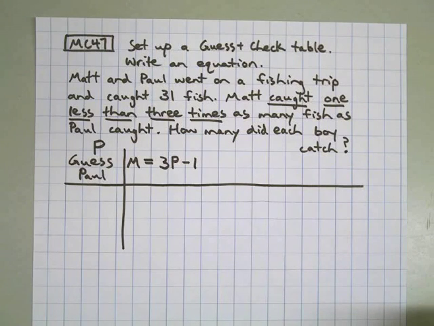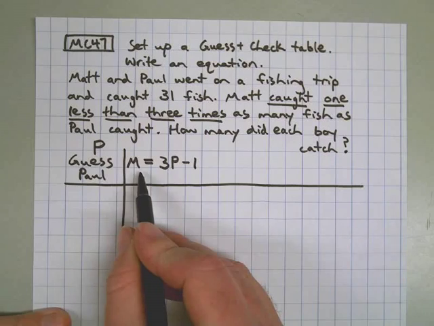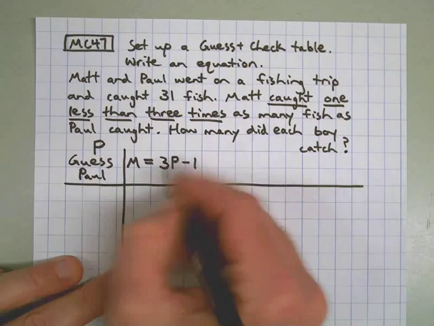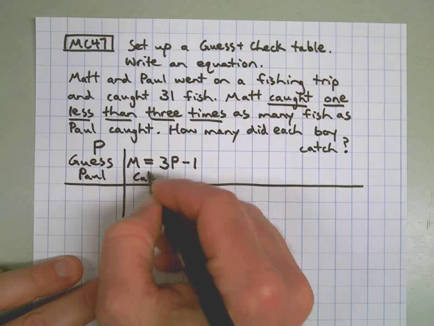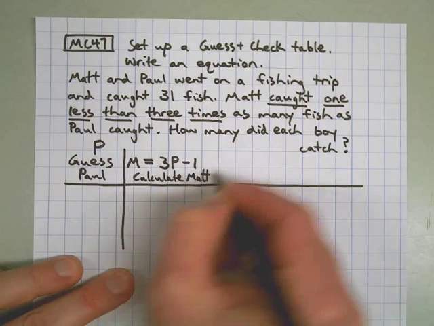So I can take the words from the story and change them into an algebra equation comparing Matt to Paul. Okay, so this is me calculating Matt for my guess and check table.